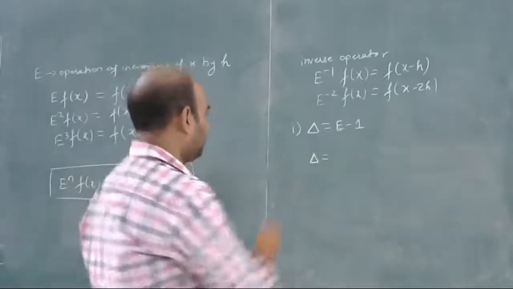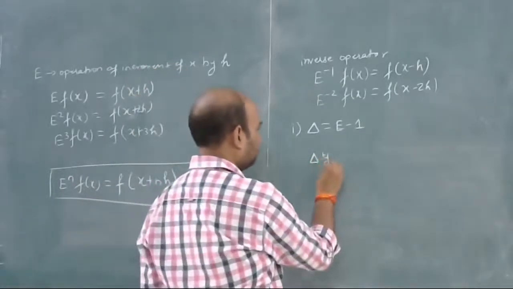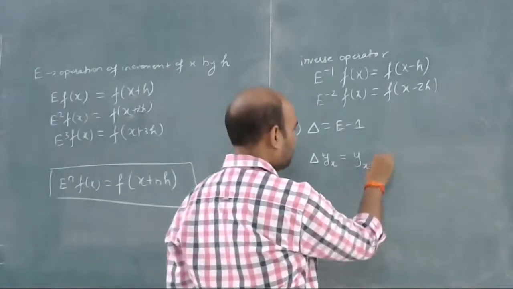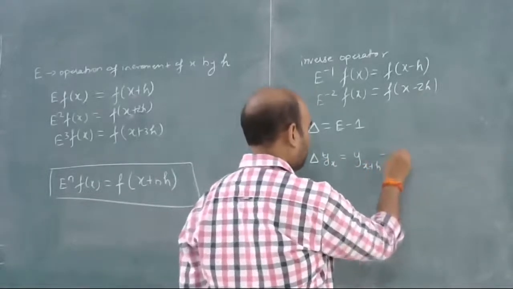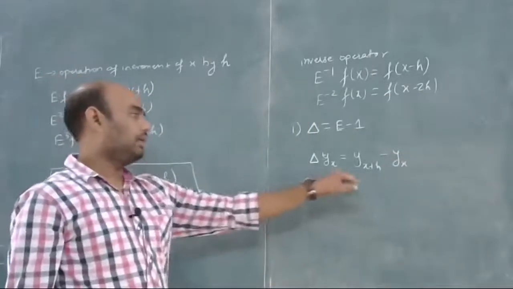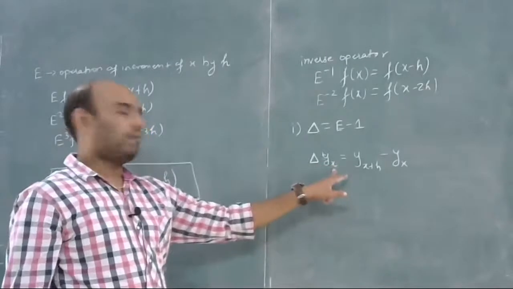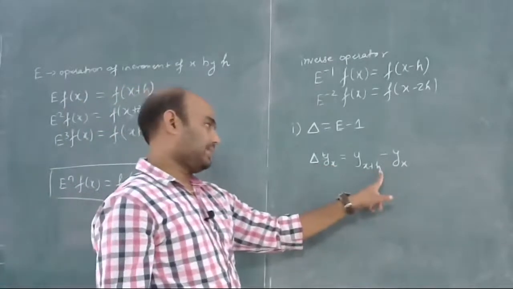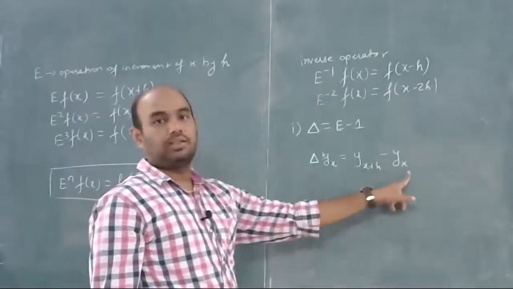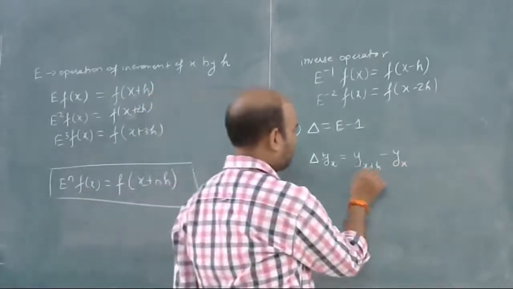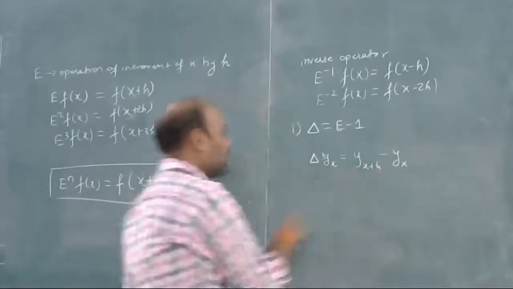Del of y of x is equal to y of x plus h minus y of x. We have seen earlier that the difference of y of x is obtained by increasing the value of x by h, minus its original value. And what is this x plus h?